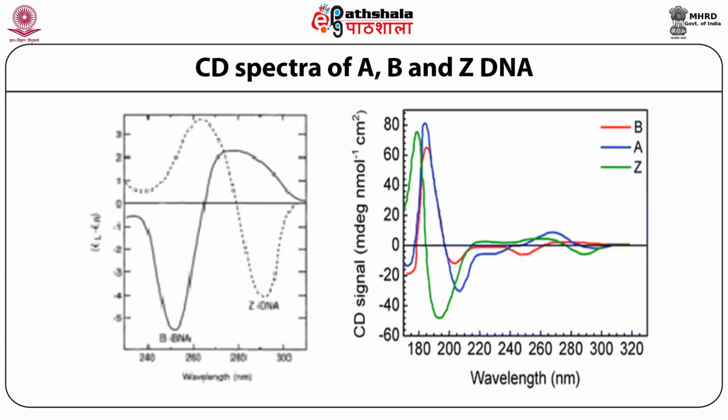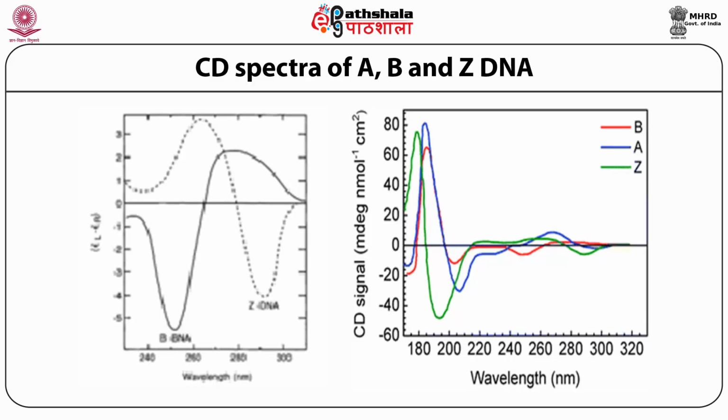Between the Z form, A form and B form, also there is a drastic difference. Actually, the Z form of DNA was first discovered in CD spectroscopic studies by Pohl and Jovin. And he got two spectra, which are shown on the left-hand side.